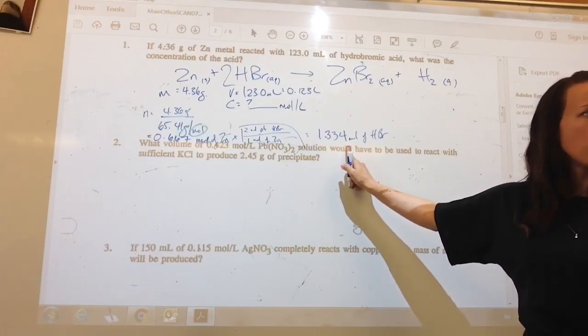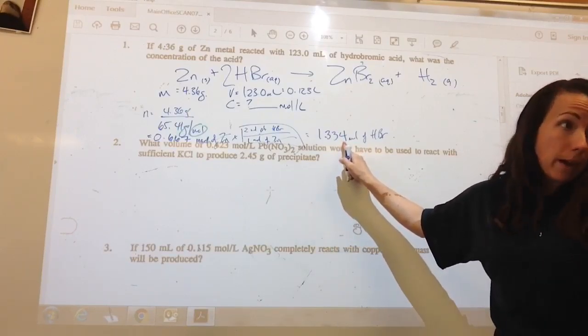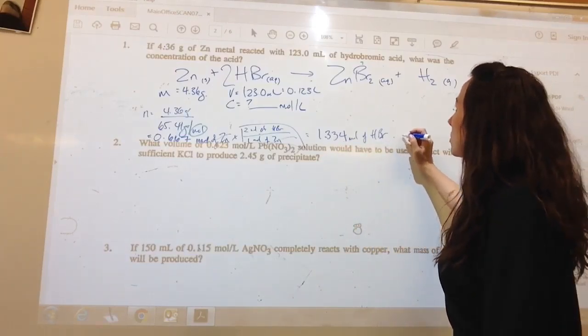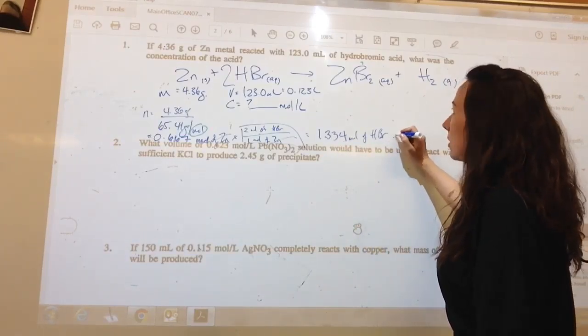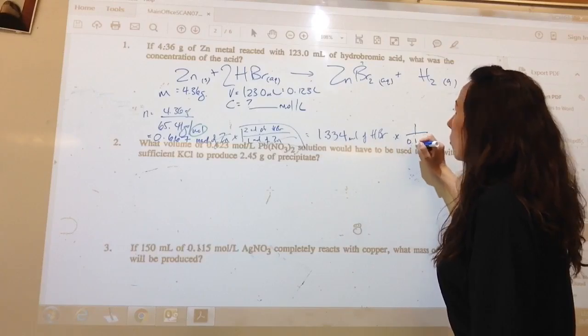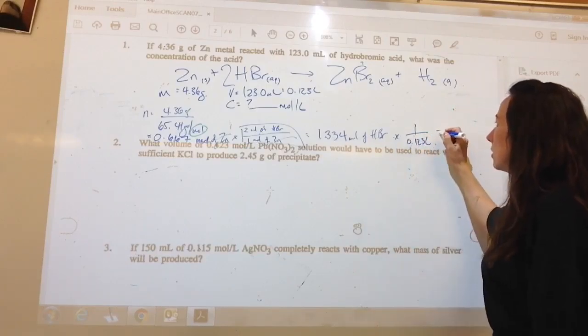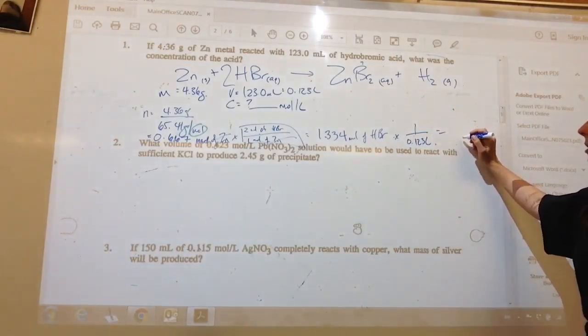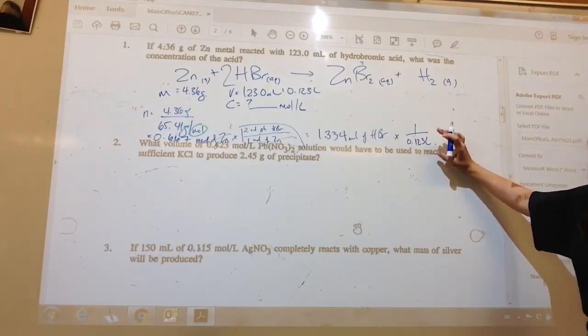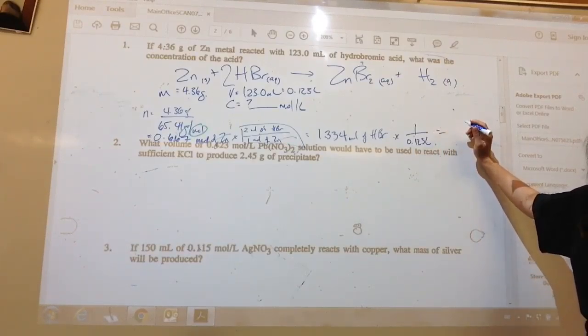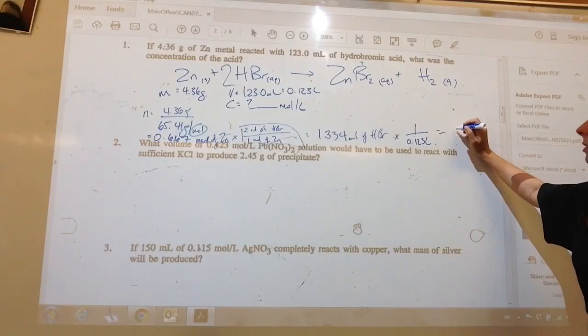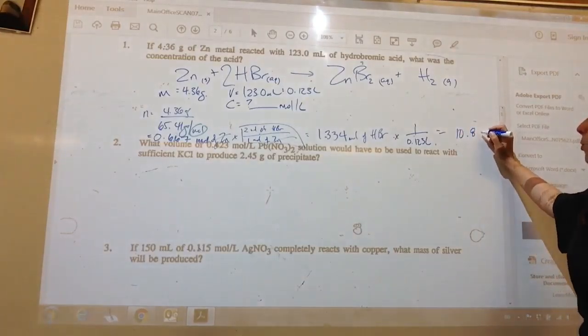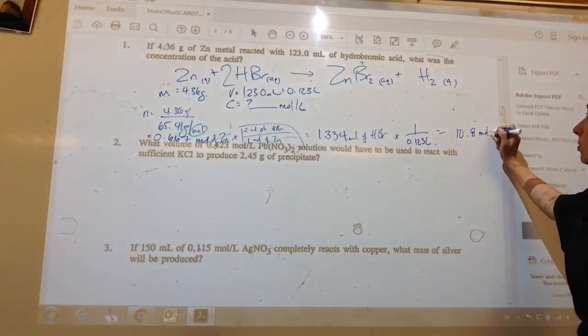If I want to get moles per liter, I'm going to divide moles by the liter. So that many moles times 1 over 0.123 liters is going to be 10.8. Go ahead and put it in the formula if it looks better for you. Michael? 10.8. And 10.8 moles per liter.